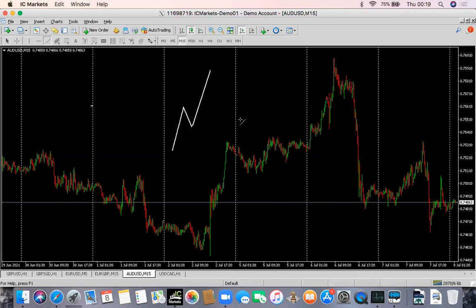This happens on both the pairs you're trading. So it goes this way. That's from the US 30 strategy. But what you will notice is at this point, right here. Now, when you zoom in, this is what you see.